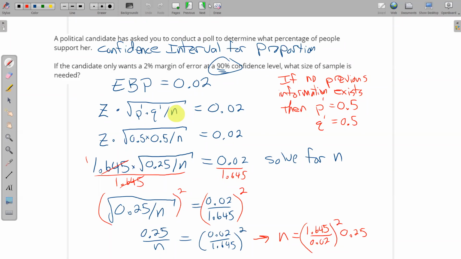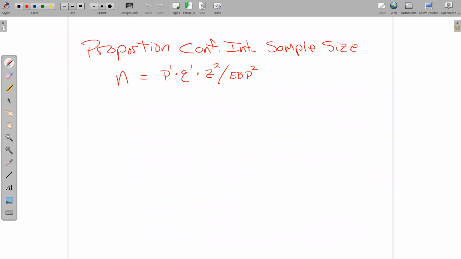So you can see I have all those components, just written a little bit differently. So you could just jump right to this formula if you need to know the sample size for a proportion. There's a similar formula for a sample size for a mean for a confidence interval.